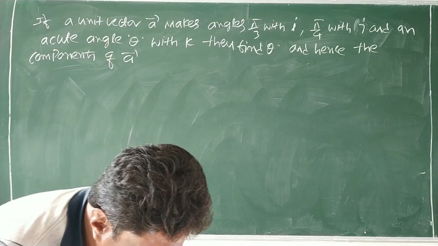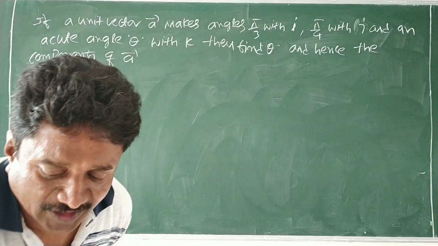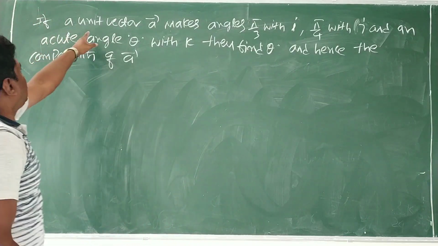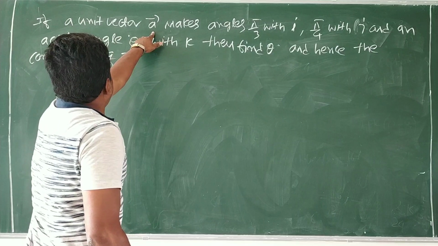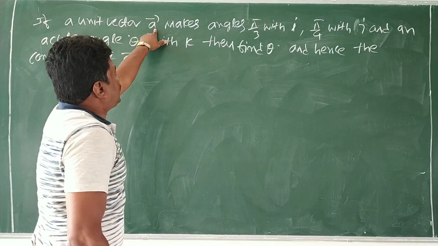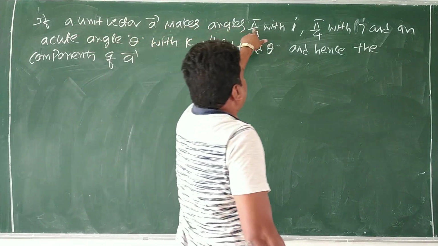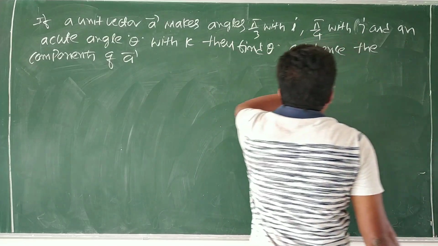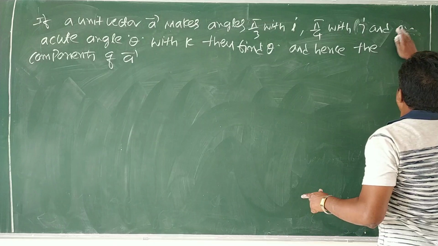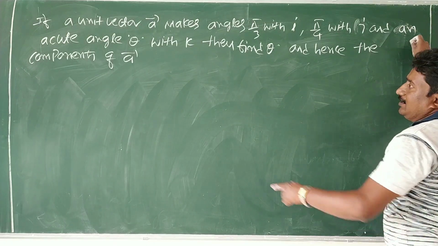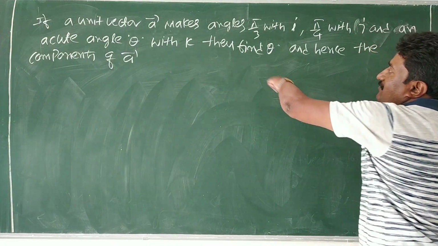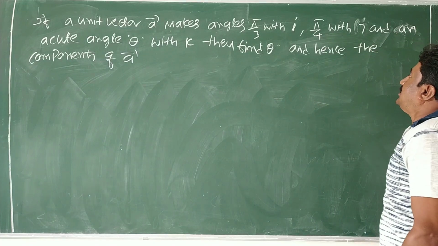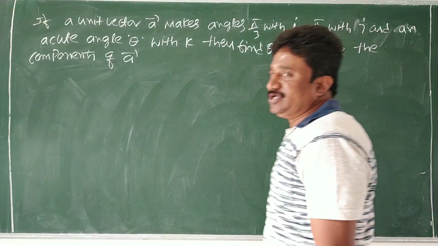A is a unit vector. If unit vector A makes an angle pi by 3 with i, pi by 4 with j and acute angle theta with k, then find theta and hence the components of vector A.